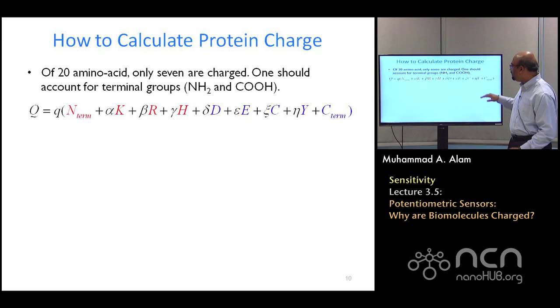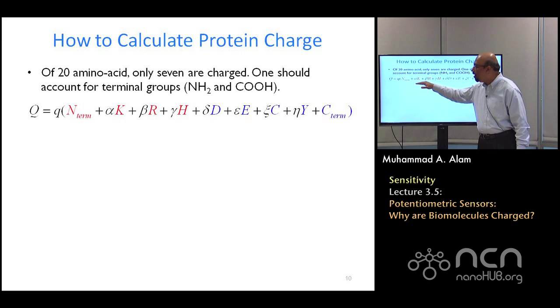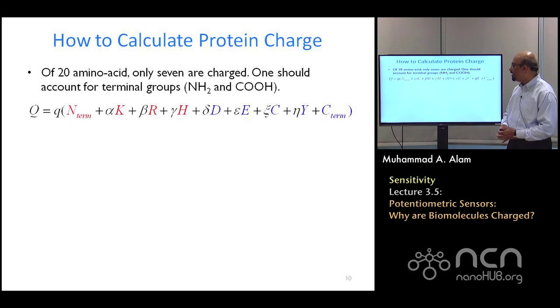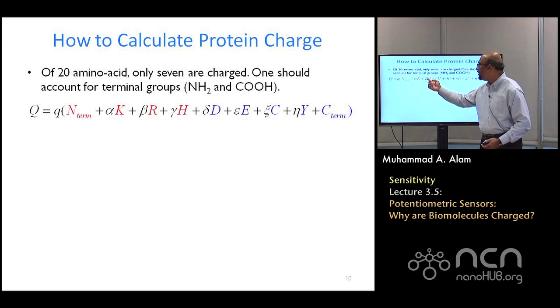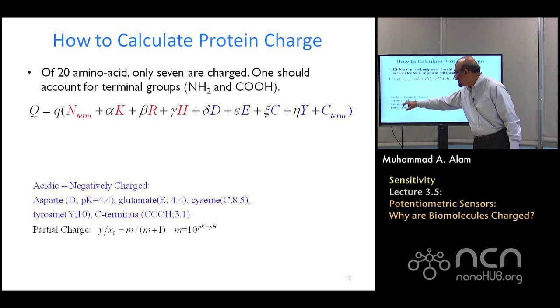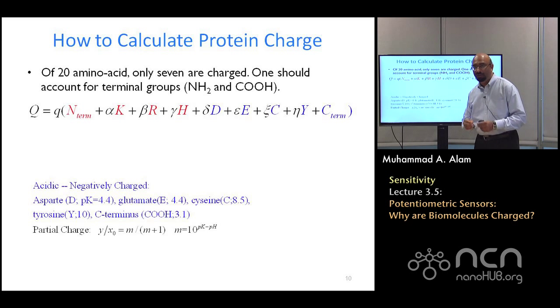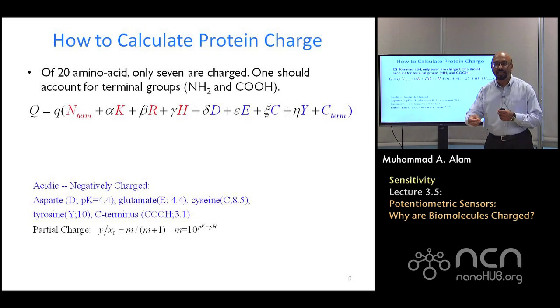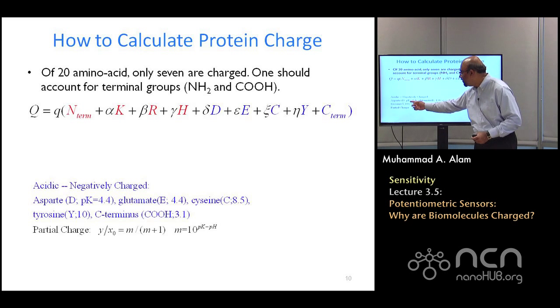For example, here I have written out all the amino acids that are charged, 3 positively charged and 4 negatively charged. The blue ones are negatively charged. Each of these negatively charged ones has a pK value. That means it dissociates and associates in water at a certain rate, defined by this pK value.